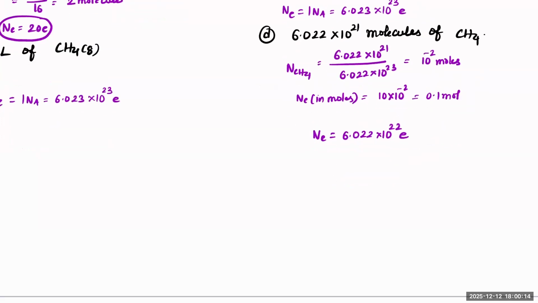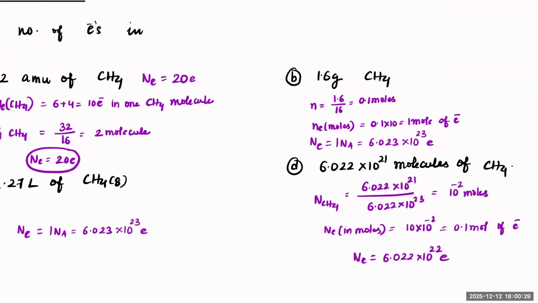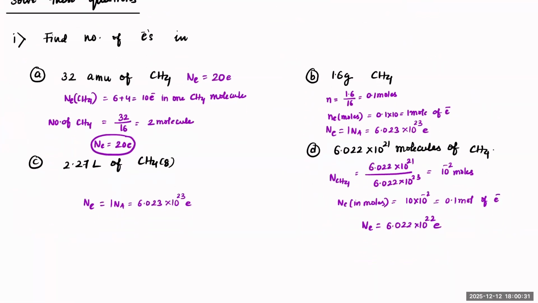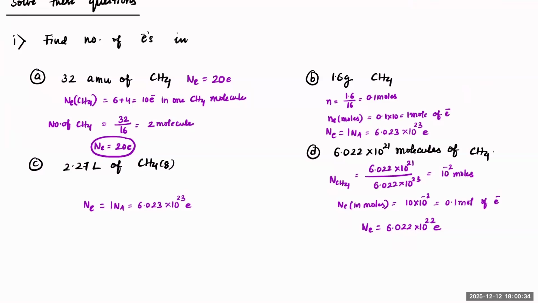So 0.1 moles of electrons we have. In terms of the value, it is how much? This much. Right?